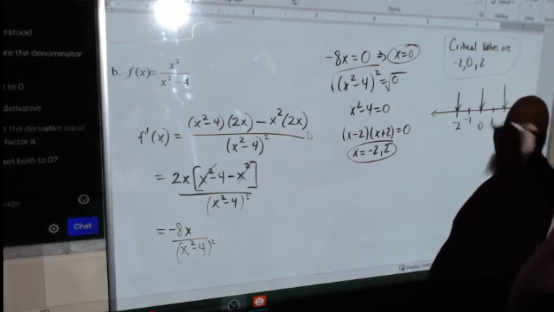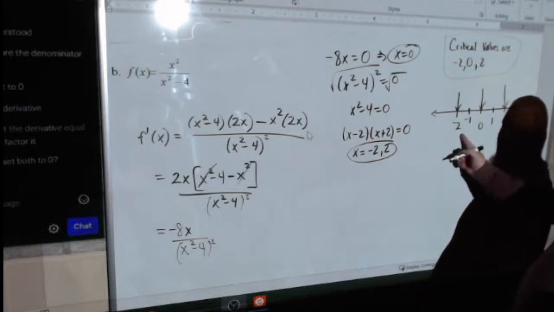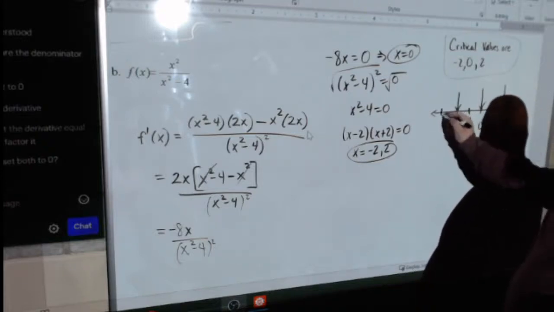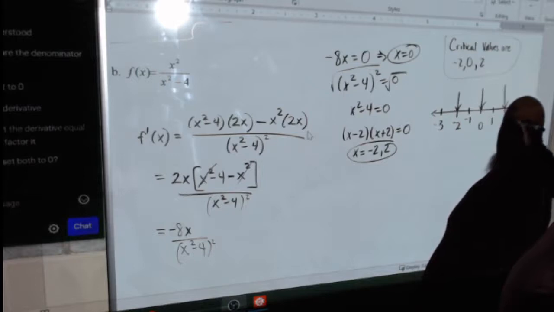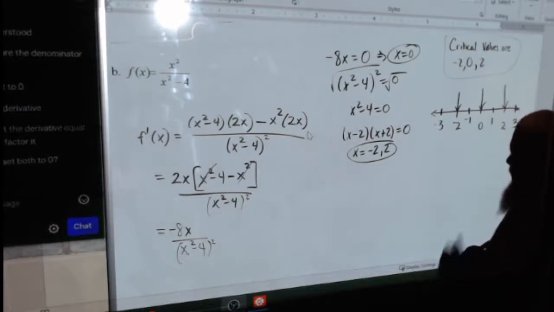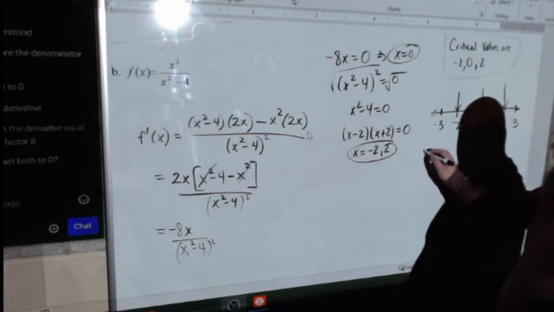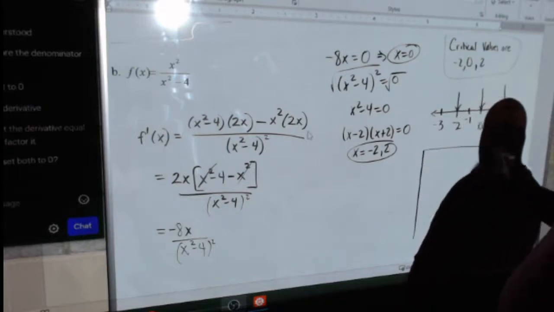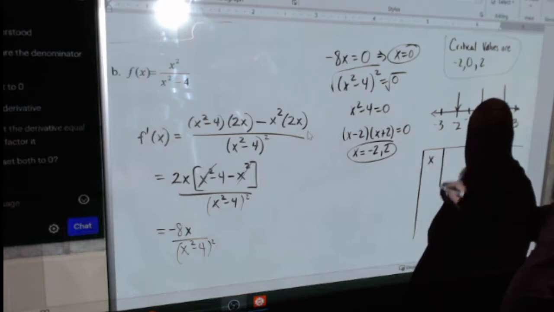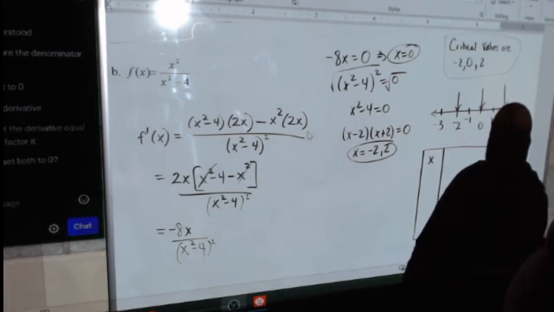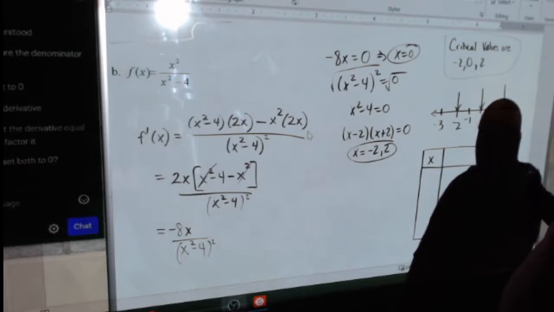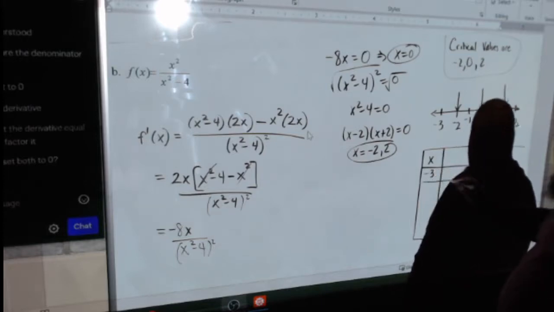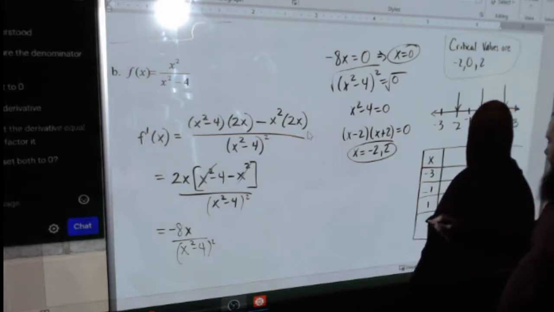Between 0 and 2, I would choose 1. And then outside of these, I would choose negative 3 and positive 3. So again, let's set up our little chart. We've got our values of x that we're going to test. Those are negative 3, negative 1, positive 1, and positive 3.